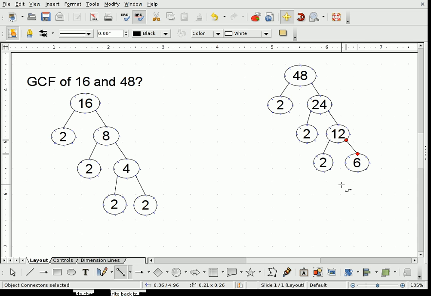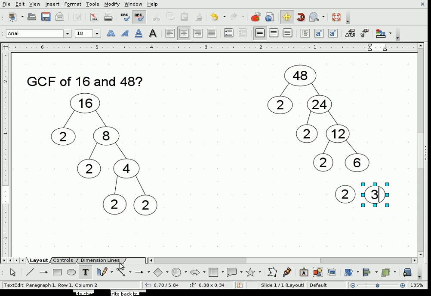What is 6? 6 is also divisible by 2. So we say that 6 has a prime factor of 2. And what is the other side? What is 6 divided by 2? 6 divided by 2 is, you guessed right, it is 3. So we put a 3 here.